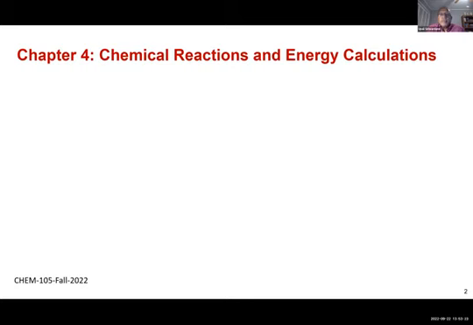So we are at the point, and in chapter 3, we go on bonding. We are getting into more details about how the atoms react to form ionic bonds, covalent bonds.